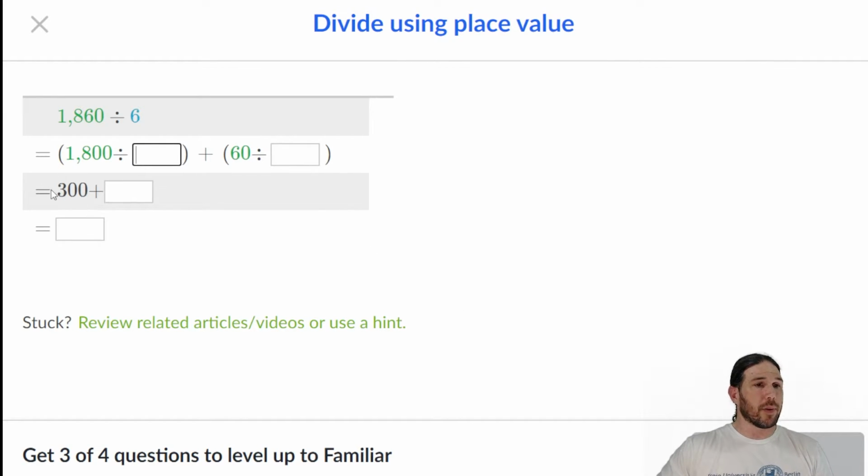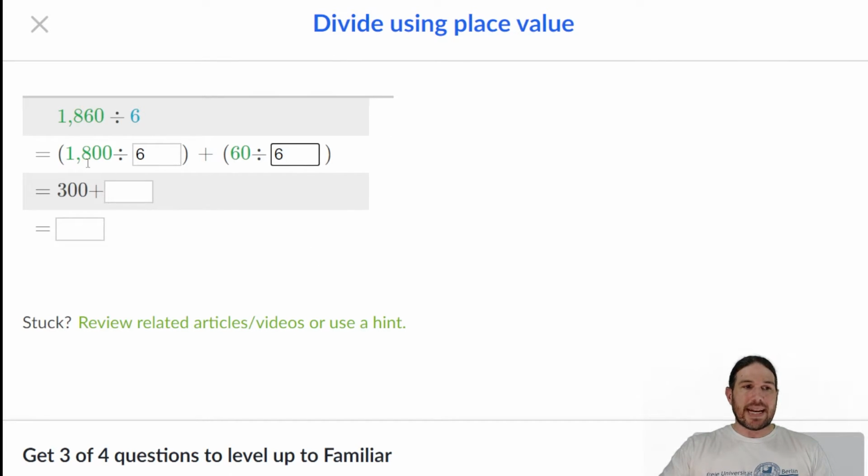Oh, wait, I know, the 300 is right there. So it's 1800 divided by 6 and 60 divided by 6. We're taking the divided by 6 and distributing it, which is a pretty sophisticated method. We're not calling it that yet, but later on in algebra, this same technique is going to be used to expand functions and all sorts of other stuff.